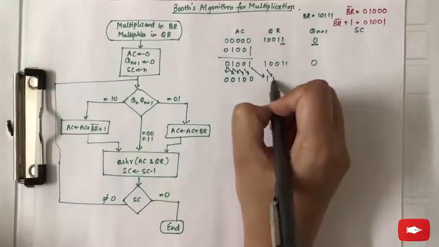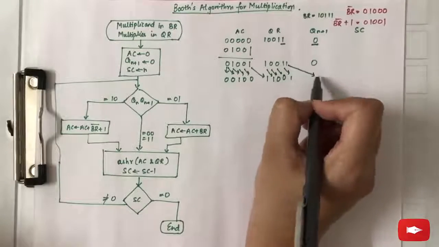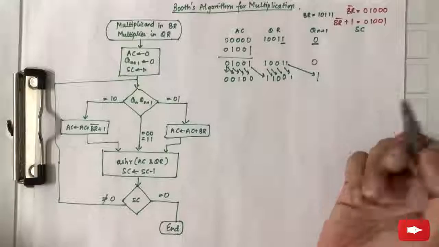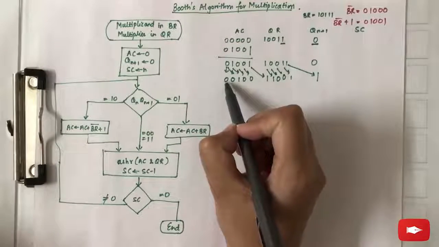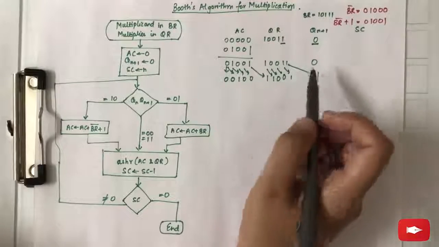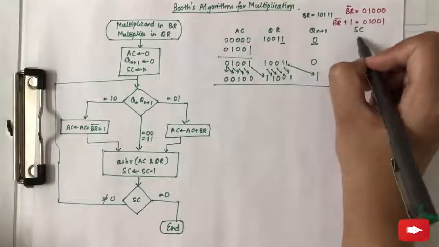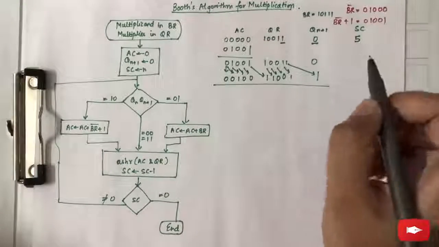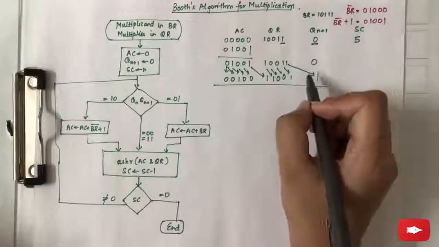This one will go here, 1, 0, 0, 1, and this last one will go here. Just to keep in mind, the first bit is copied to both the first and the second position, and then the normal shifting is done. After this first step is completed, the sequence counter's value is decremented by 1.